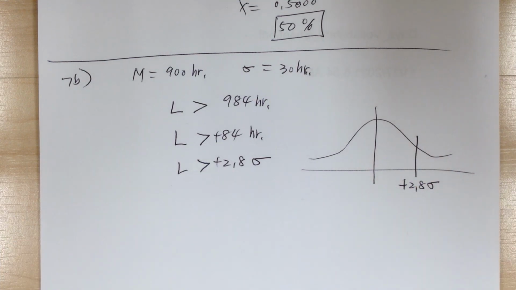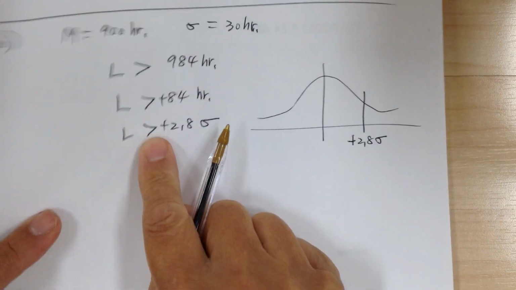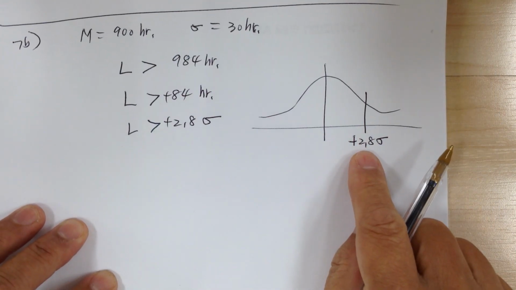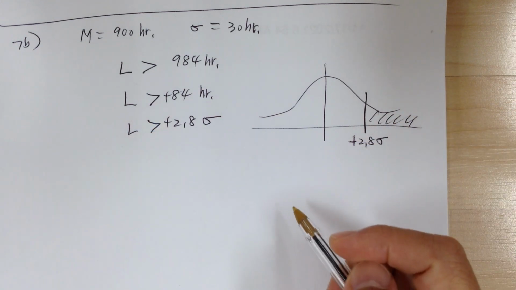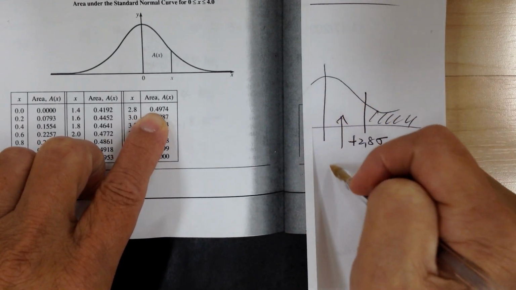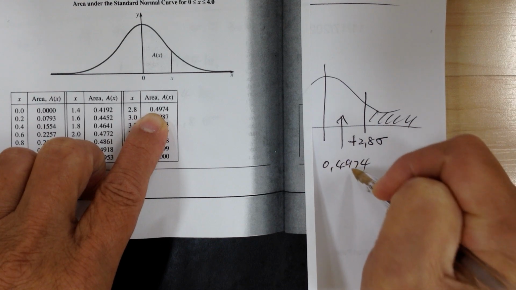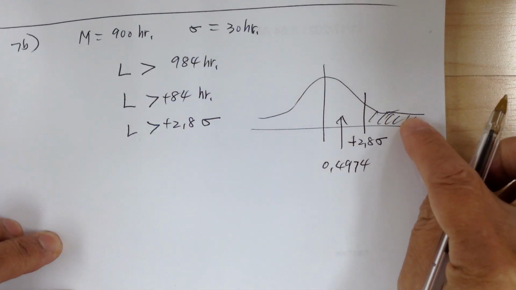Okay, so now you're looking for greater than. You have to figure out which area is greater than 2.8. Here's your 2.8, so greater than is this area right over here. When you look up the table, 2.8 is 0.4974. So the area you're looking for is this over here.